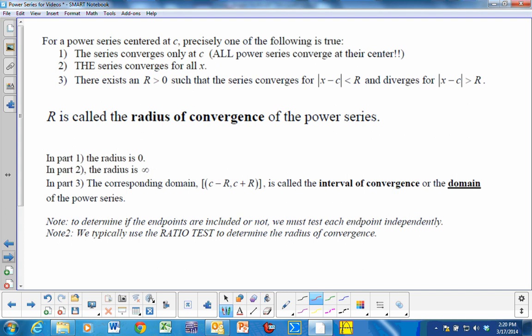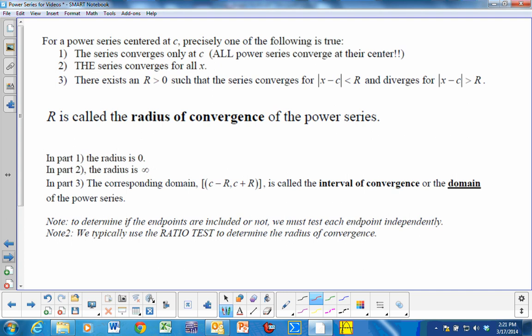If it was Maclaurin, that was 0, or maybe it was around 1. So they have to have the same value at the center. But if you go away from the center, they may not converge at all. It may not be equal to the function at all. So number 1 says it's possible that it only converges at that one point, and that's it. The second option is the series converges everywhere, for all x. So it's always the same, and we'll see some of those.